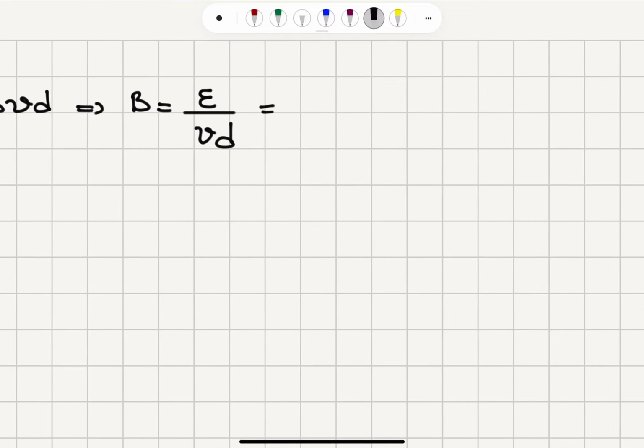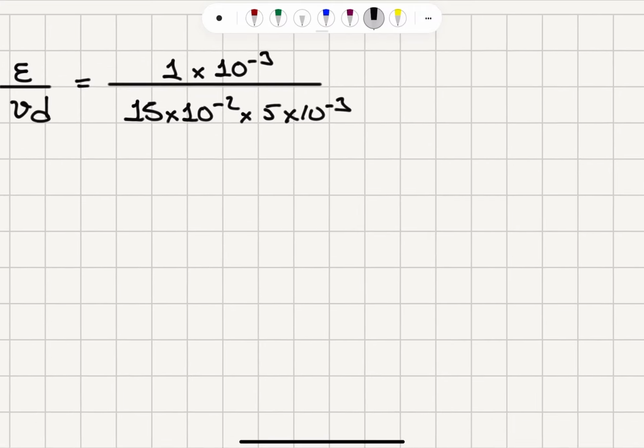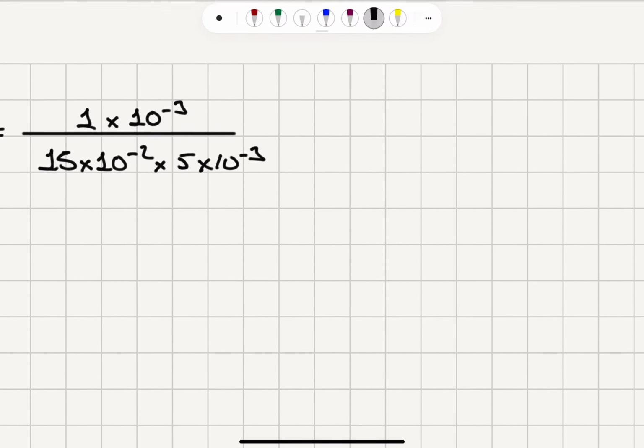And we want to have 1 millivolt EMF induced, 1 times 10 to minus 3 volt. The velocity is 15 centimeters per second, 15 times 10 to minus 2 meters per second, for a 5 millimeter diameter, 5 times 10 to minus 3 meters.